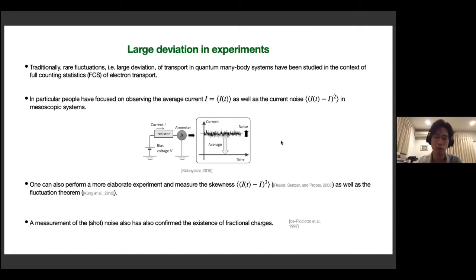So there is a theorem about it, and then experimentally it was also verified in some cases. Also, it's kind of interesting to note that there was a measurement of the shot noise like 20 years ago, and this led to the confirmation of the existence of fractional charges. So it's really not just theoretical. The study of full counting statistics is not just theoretically motivated, but really experimentally accessible.